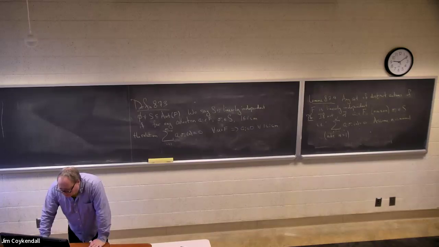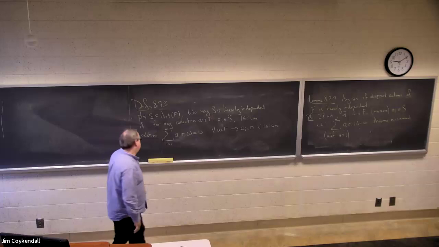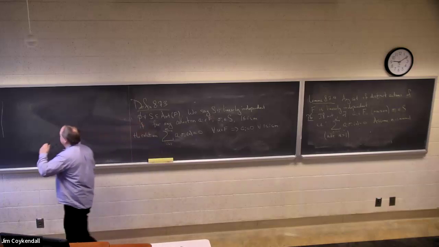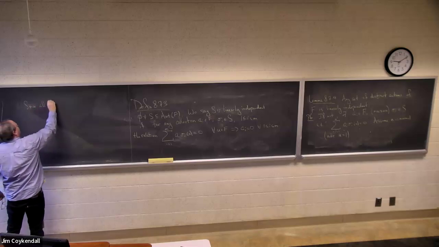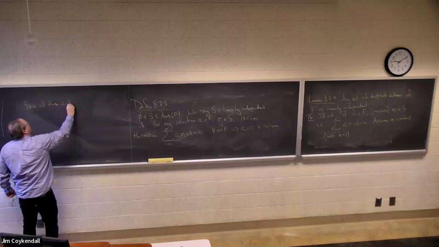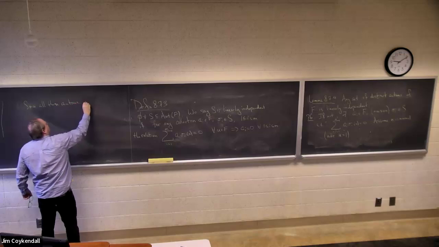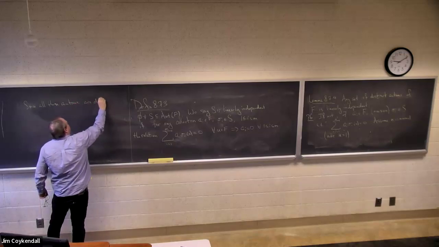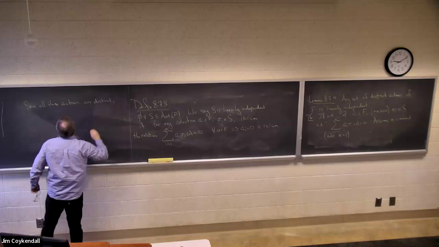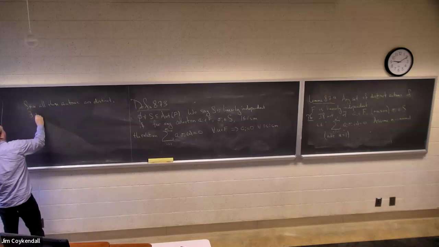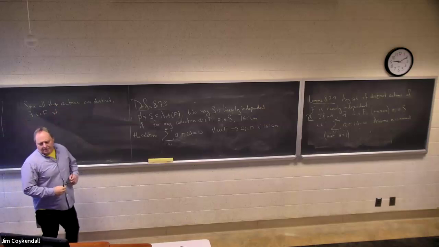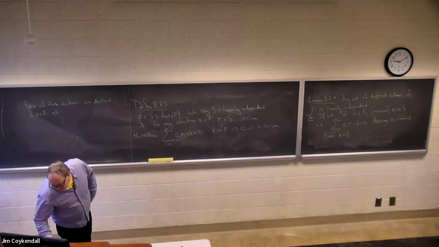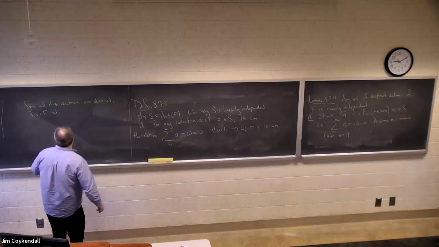So since all the automorphisms are distinct, there exists v in F such that sigma_1(v) and sigma_2(v) differ.